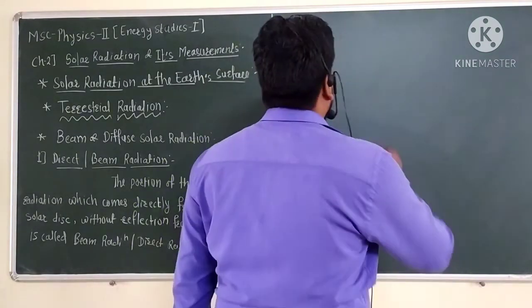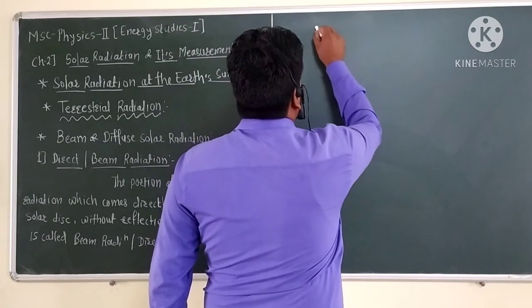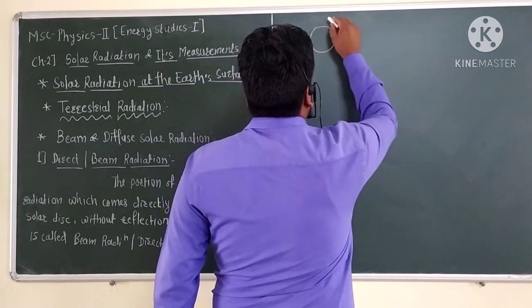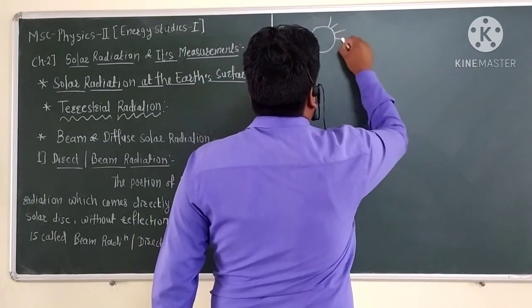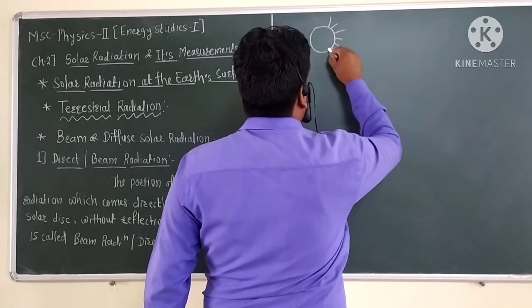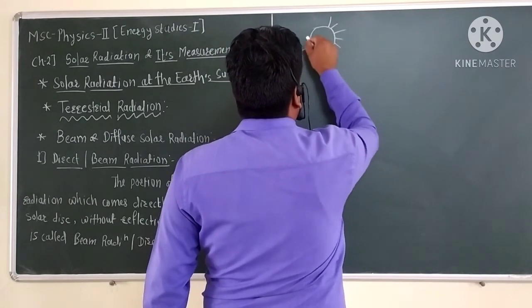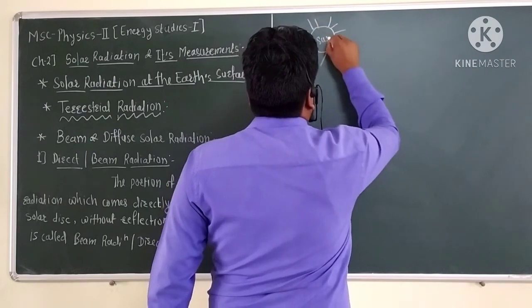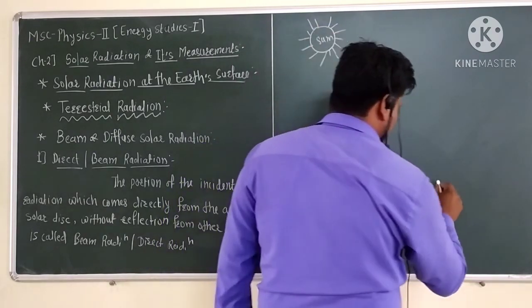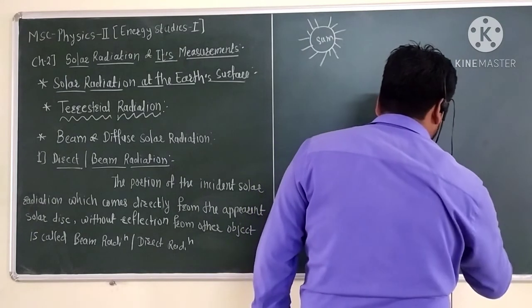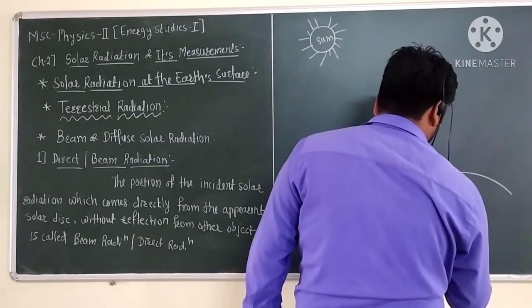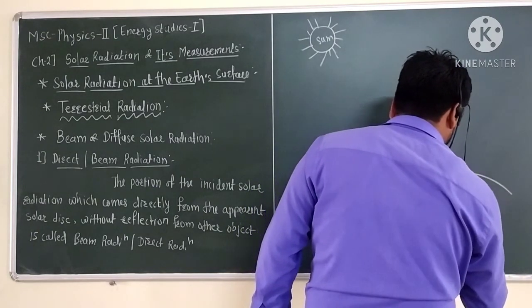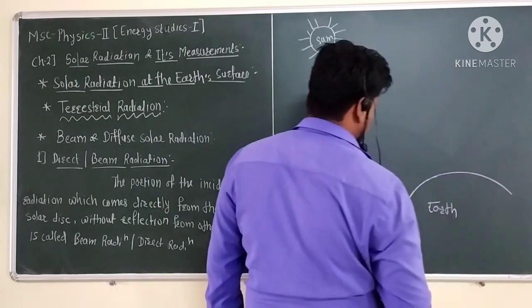For example, this is the sun body, which emits the solar energy or solar radiation, and this is considered as the earth surface.